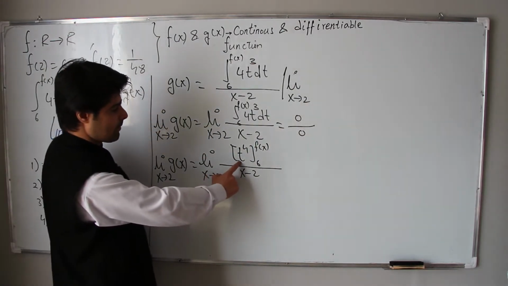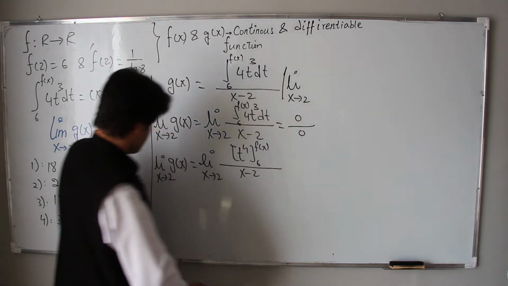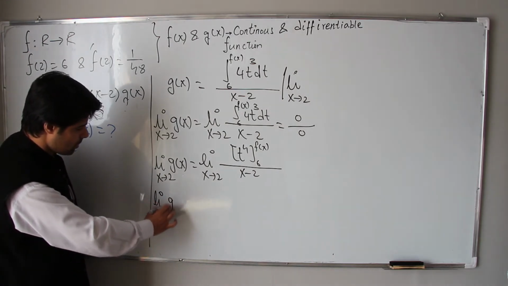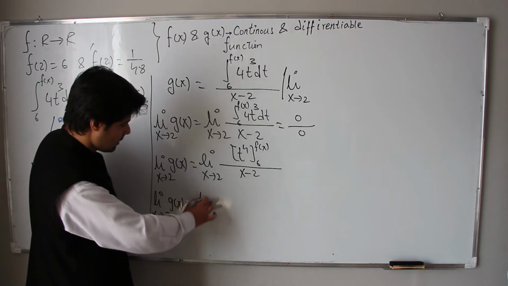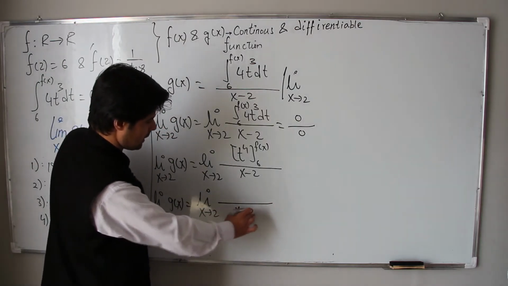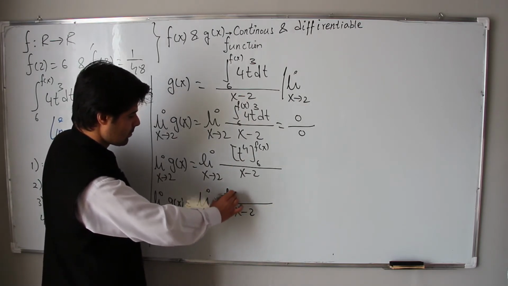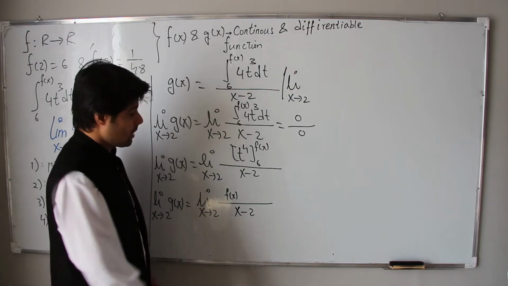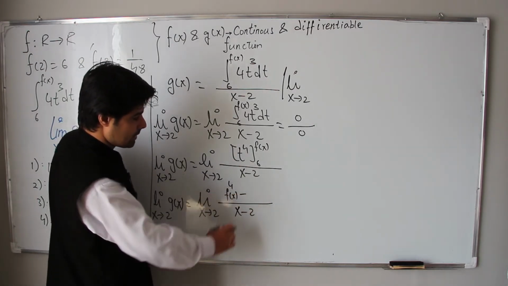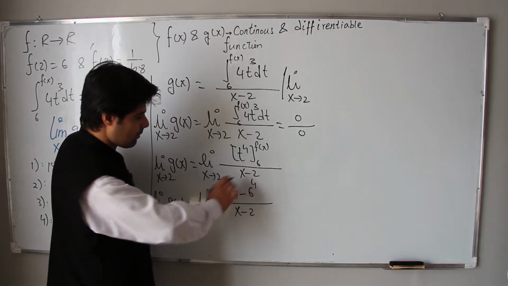Now instead of t we have to put f(x). It means the limit as x goes to 2 of g(x) is equal to the limit of 1 over x minus 2 times, instead of t we put f(x), to the power 4 minus, and instead of t we put 6 to the power 4.